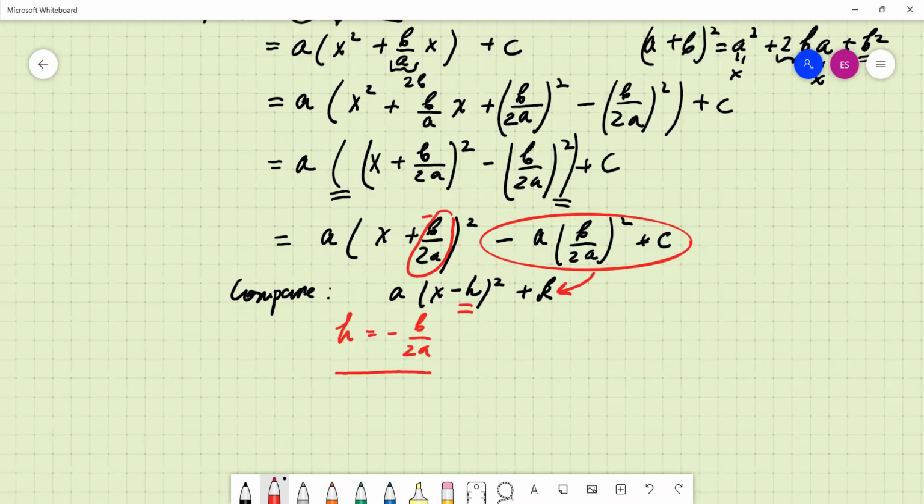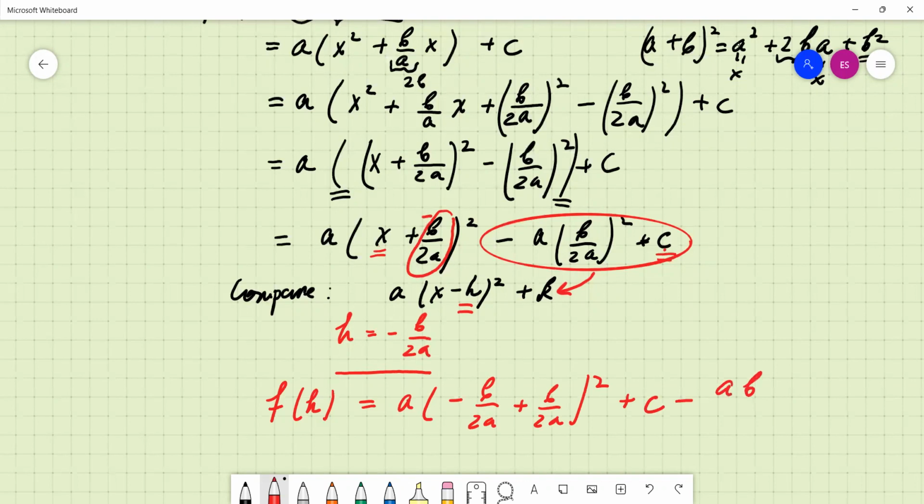Why? Because if you set x equal to h, what is going to be f of h? It's going to be a times (minus b over 2a plus b over 2a) squared plus c minus a (b squared over 4a squared).